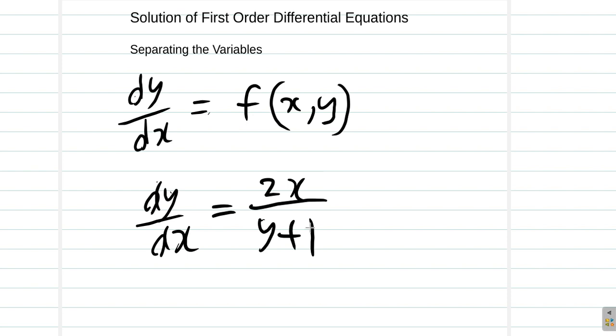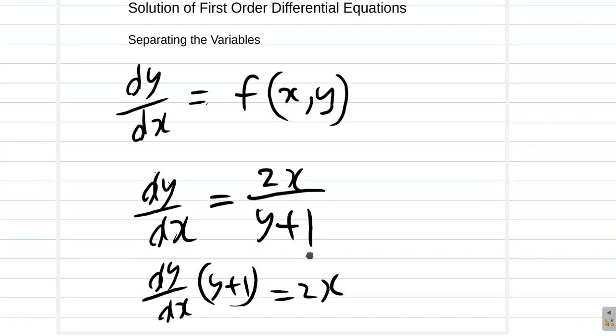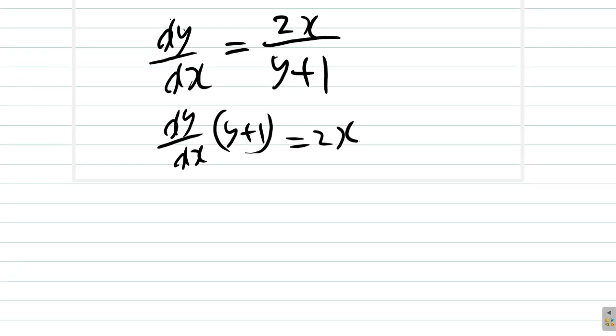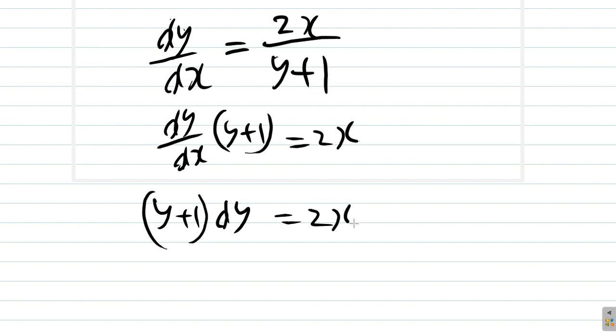So what do you do? Just multiply both sides by y plus 1. We're going to have dy by dx times y plus 1 equals 2x. Then if you multiply both sides by dx, you're going to have y plus 1 dy is equal to 2x dx. So, there you go.